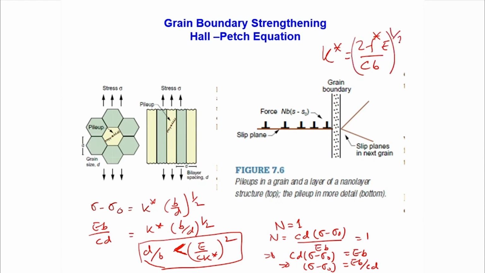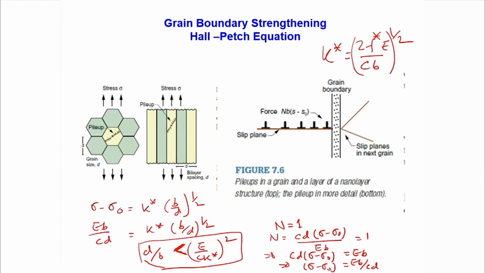So k star is dependent on obstacle strength, elastic modulus, and the Burgers vector. Constant C is obviously fixed for a particular material, right? So when this condition is satisfied, the Hall-Petch equation will break down.